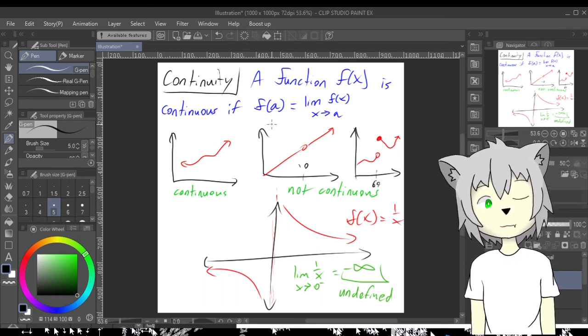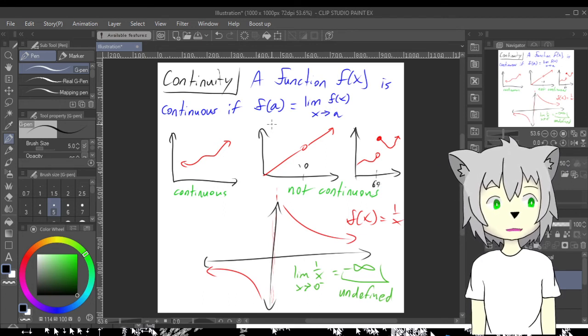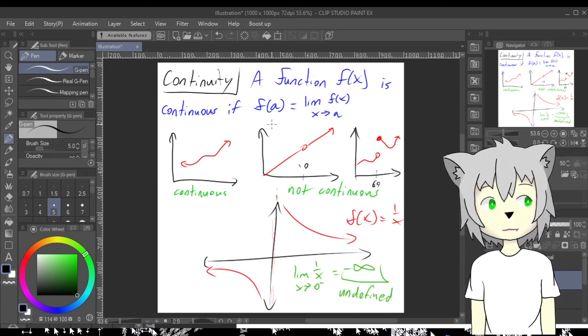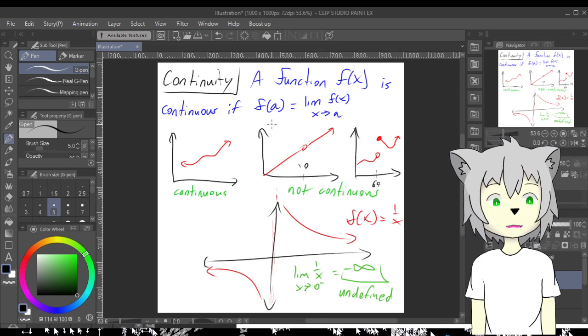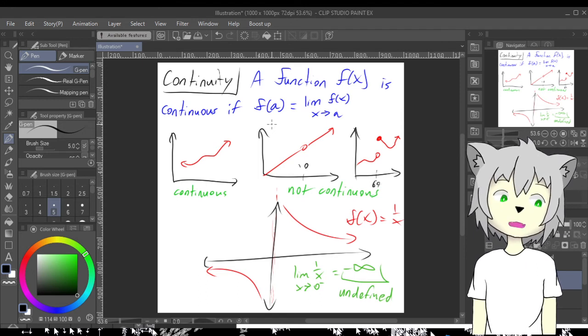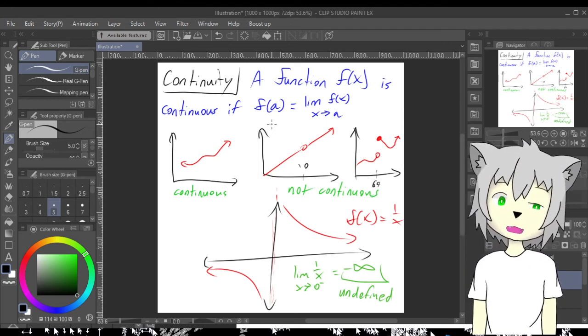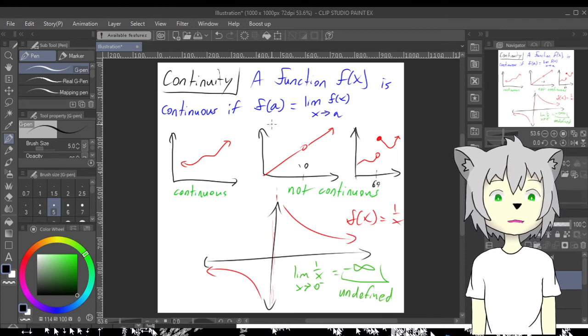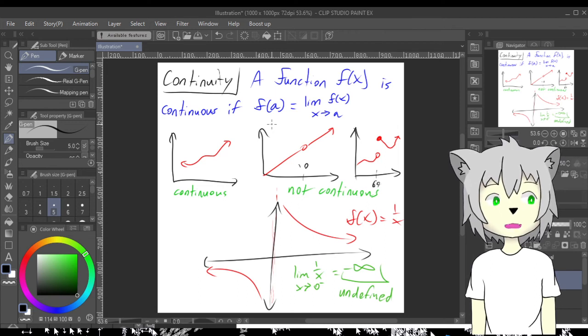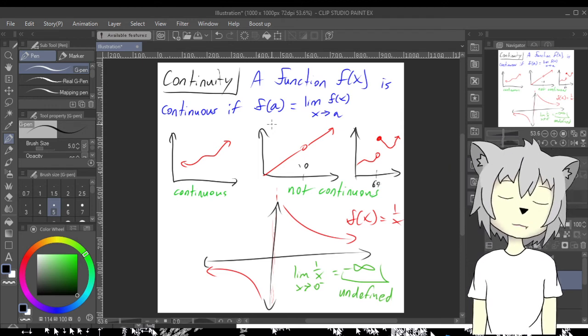You have to use the techie language to formally prove something as an absolute fact. So you can't just say this function isn't continuous because it literally jumps right here. You have to say the limit at a doesn't exist, even though f of a exists, or f of a doesn't exist even though the limit does.